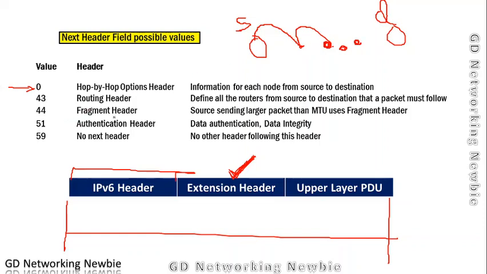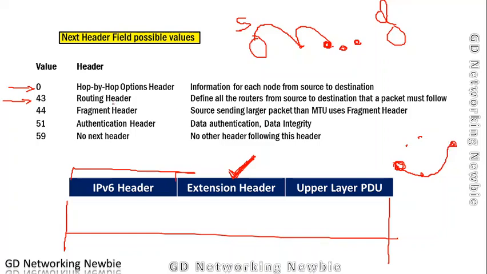In the same way, if in the next header field we have a value of 43, it indicates an extension header, and that extension header is the routing header. In that routing header, we have information that defines all the routers from source to destination that a packet must follow. For example, there may be multiple paths for the packet from the source to the destination, but we want our packet to go through certain routers.